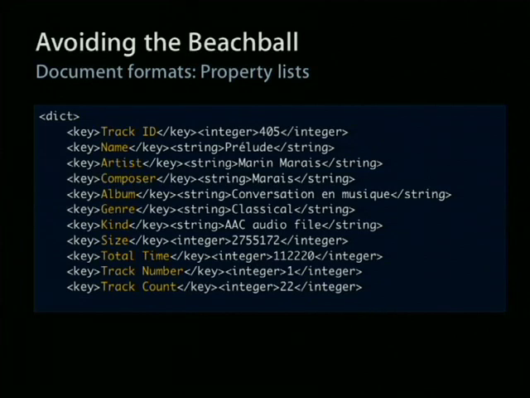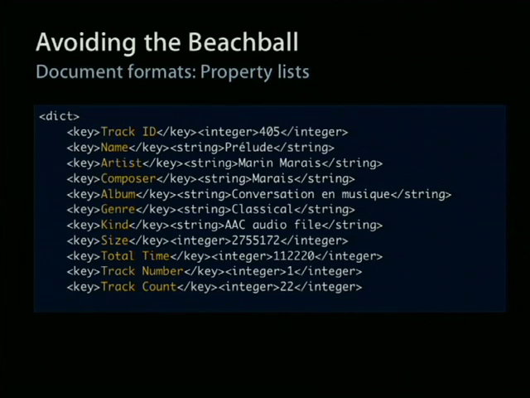Each dictionary is a track. And these keys that appear, track ID, name, artist, composer, stuff like that, these appear once for every single entry in the plist. So I happen to have in this particular library, I think roughly 750 tracks. For all 750 of those tracks, each one of these appears every single time, right? So this is a lot of wasted space.